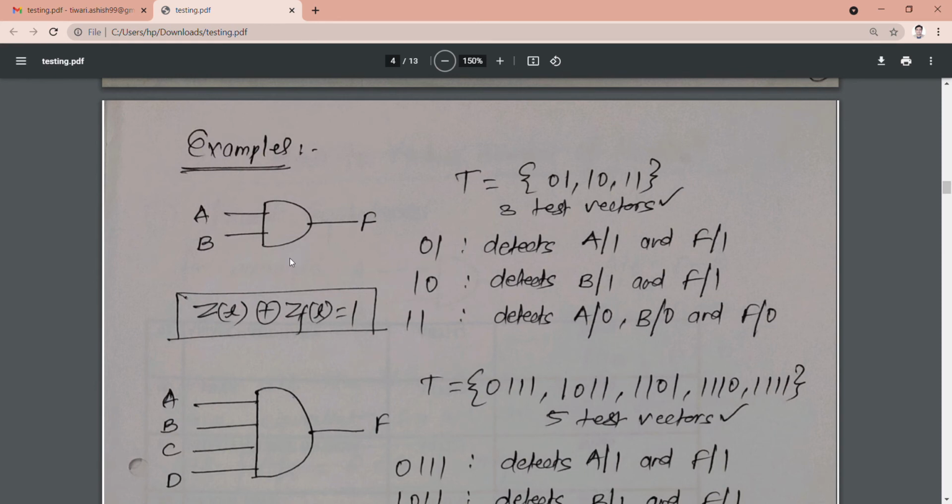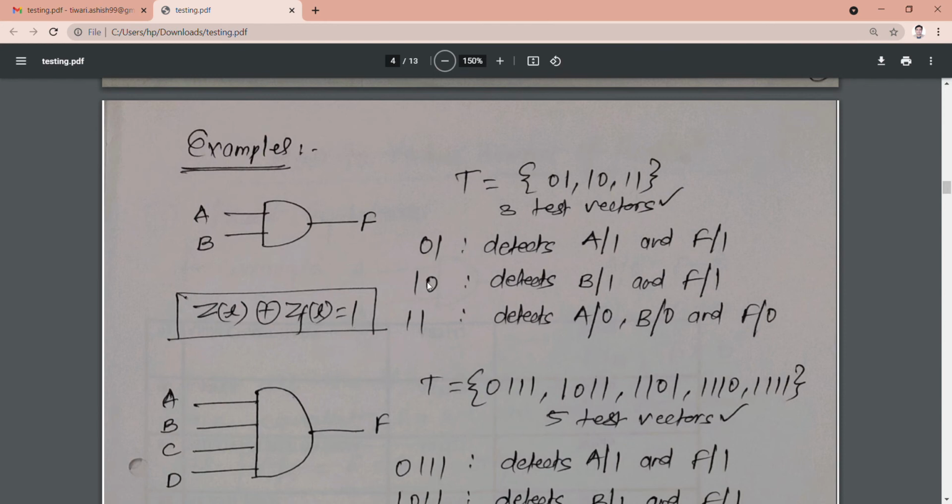we can also detect that fault with this particular logic. Why? Because if we apply 0 and 1 here, it will come out as 0. And if F is stuck at 1, then the original output is 0 and the faulty output is 1, so the exclusive OR condition will come out as true, and we can say that there is a difference between the original output and the faulty output.